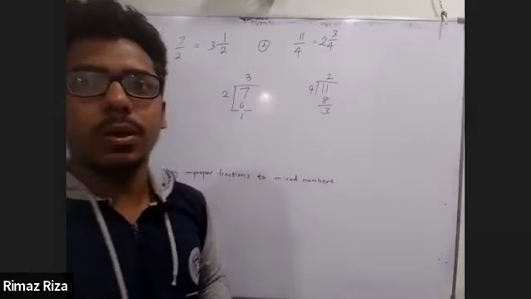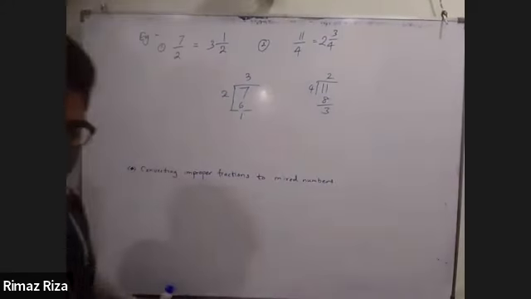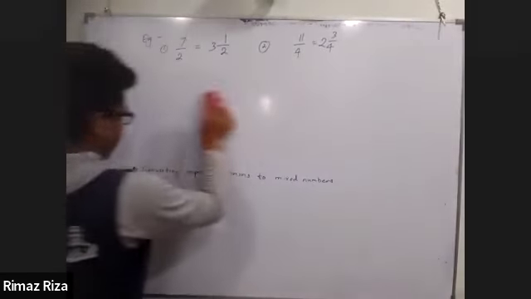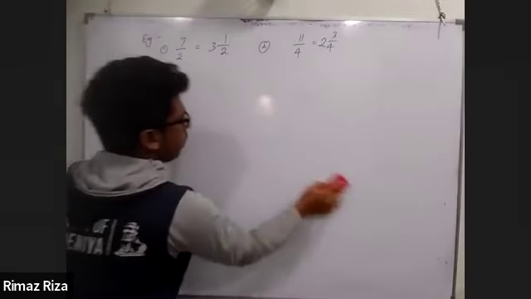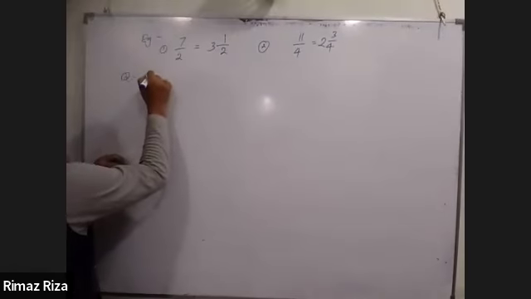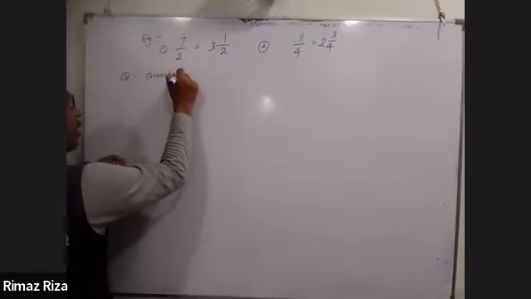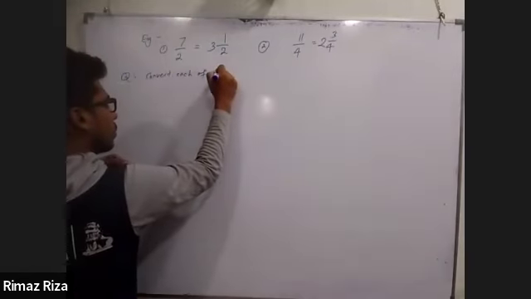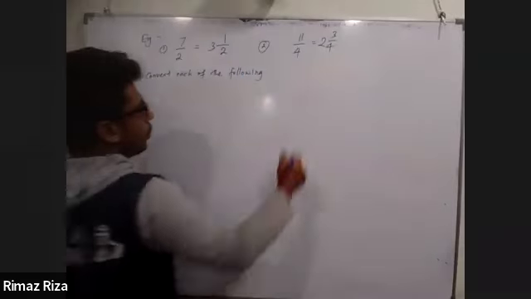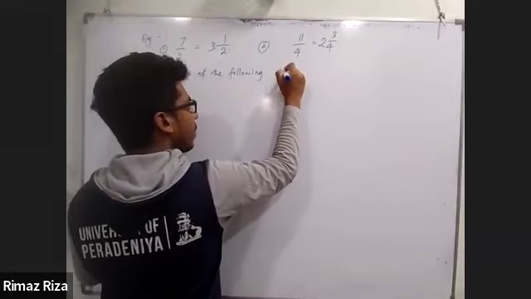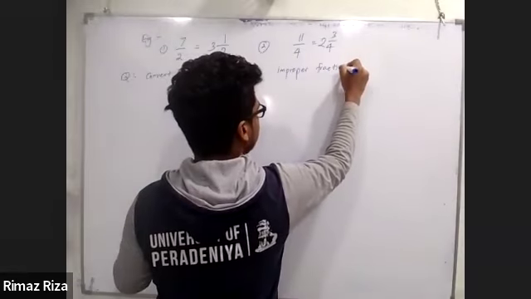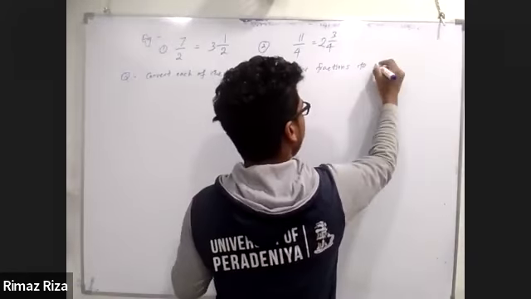Is it clear? Okay. So I'll give you some questions based on this. You have to convert improper fractions to mixed numbers. So the question for you: convert each of the following improper fractions to mixed numbers.